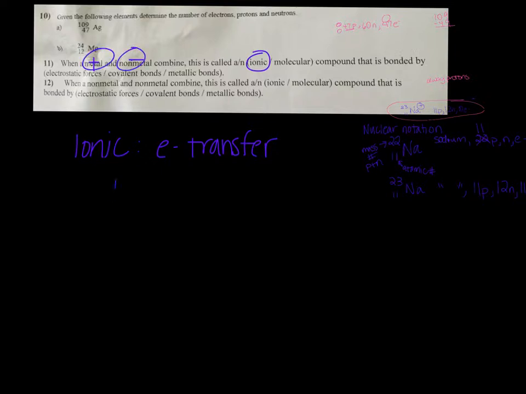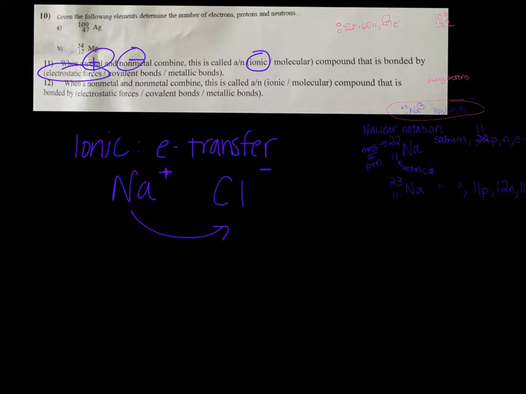So if you have something like sodium chloride, he gives his electron over here, so this now has a net negative and a net positive. That net negative and positive are going to attract to each other, kind of like magnets, with electrostatic forces. So you can kind of think of static electricity. That's what it's talking about. Positive and negative things coming together.